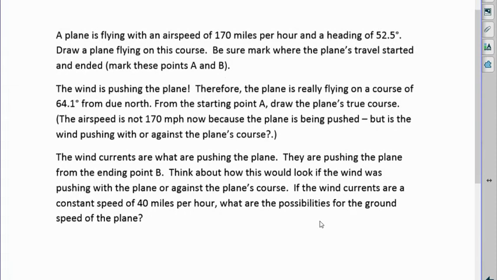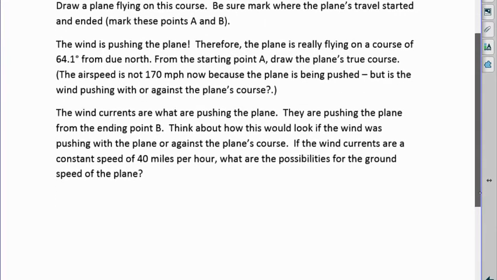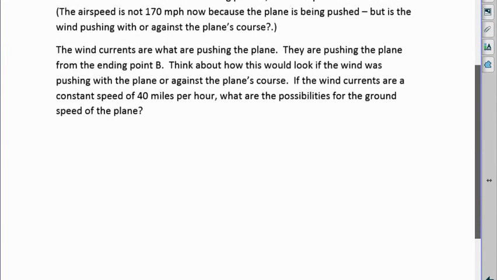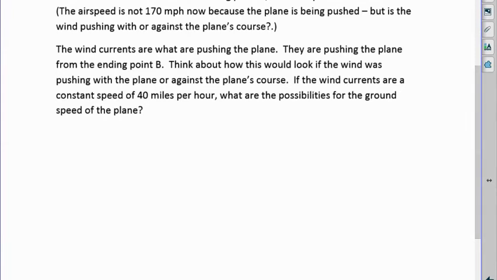So this is a kind of complicated example. It involves a little bit of law of sines, but we have a plane that's flying at an airspeed of 170 miles per hour, but we know that the wind is going to push on this plane. And so when the plane is setting out on a heading of 52.5, we need to first start by drawing the plane on its course, and then we're going to examine what will happen as this wind is pushing on our plane.